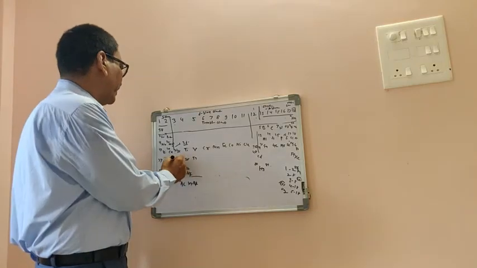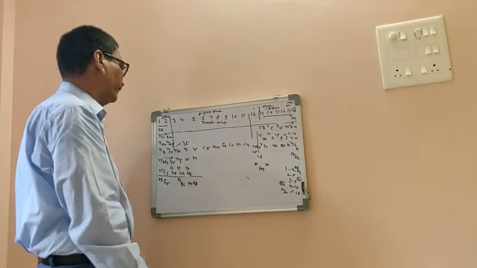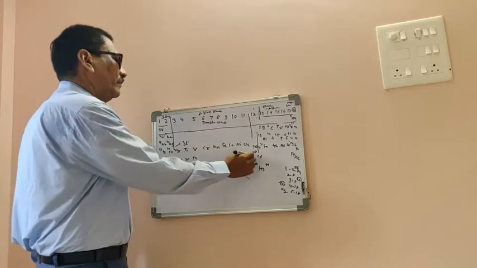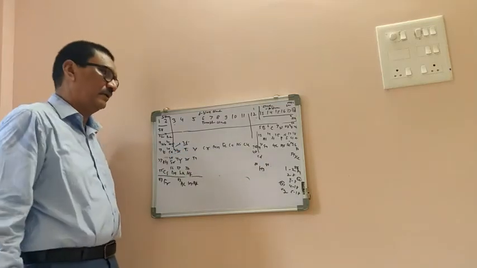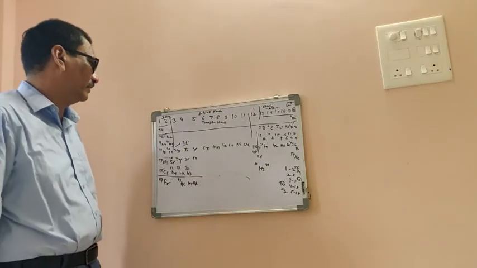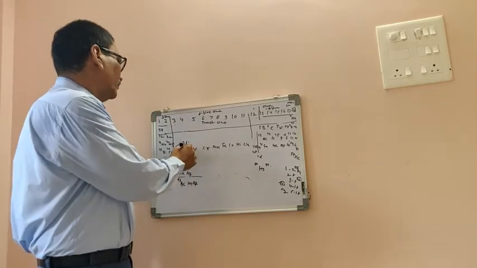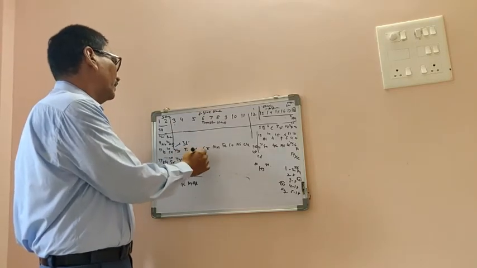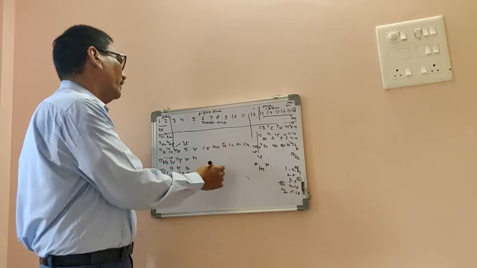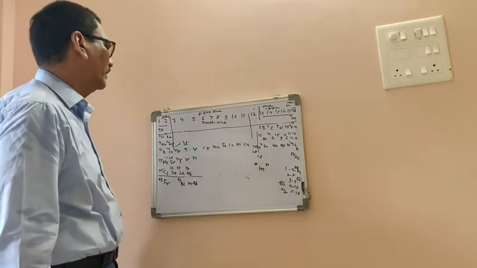The next series starts from yttrium to cadmium, atomic number 39 to 48. Again 10 elements are there. So scandium, titanium, vanadium, chromium, manganese, iron, cobalt, nickel.